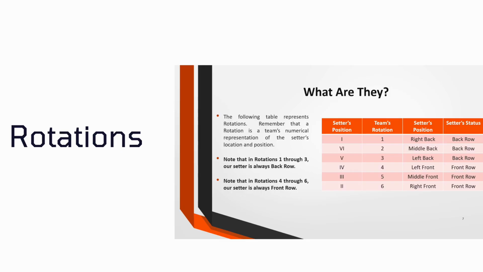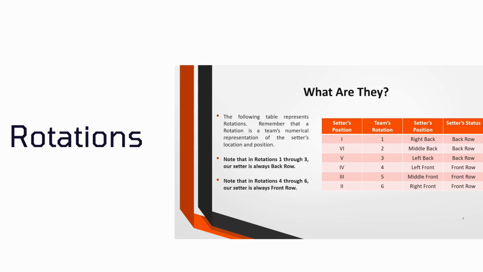In prior training series, we have talked about rotations. Let's quickly review what they are. Rotation is a team's numerical representation of the location and position of our setter. In rotations 1 through 3, our setter is always back row. In rotations 4 through 6, our setter is always front row.